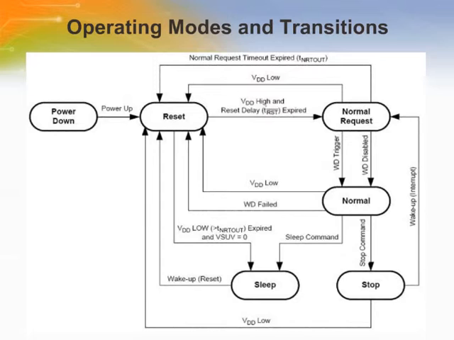While in sleep mode, the voltage regulator is turned off. Wake up from stop mode is initiated by a wake-up interrupt. Wake up from sleep mode is done by a reset and the voltage regulator is turned back on. The selection of the different modes is controlled by the MOD 1 and 2 bits in the control mode register.